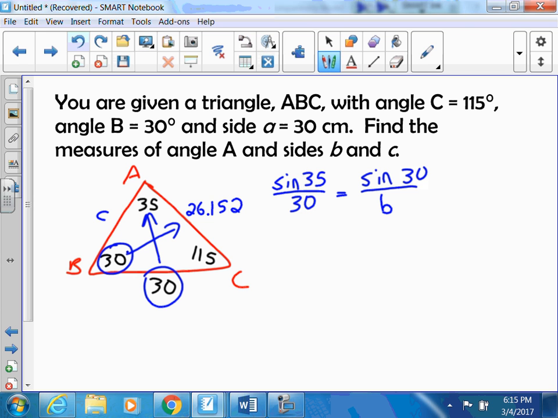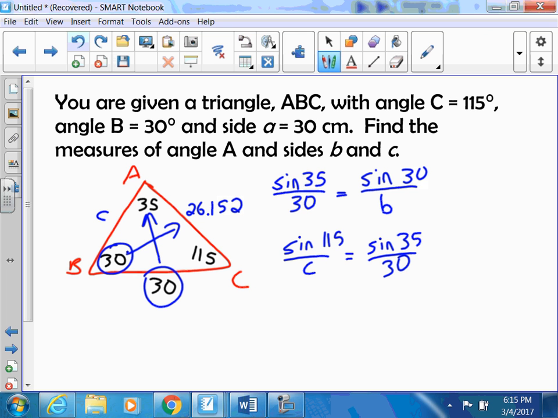That's C right here. So I'm going to do the sine of 115 over C equals the sine of 35 over 30, and cross multiply. And C should be bigger than 30 and 46, because it's across from 115.